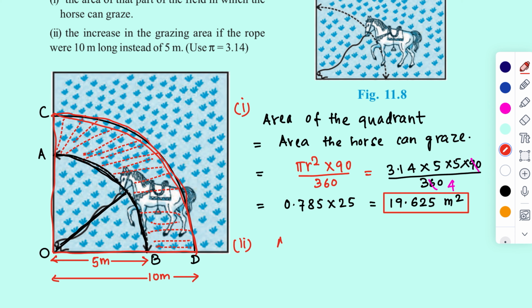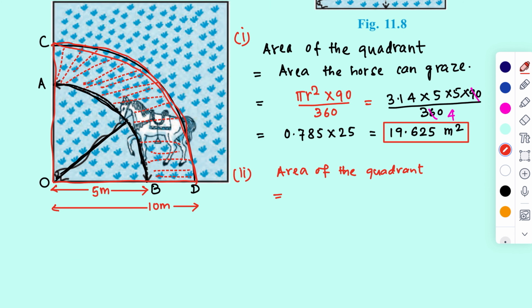So now area of the quadrant of a circle having radius 10 meter will be equal to pi r square theta by 360. Pi is 3.14, r square is 10 square, that is 100, theta is 90 degree divided by 360, so this will be equal to 4.